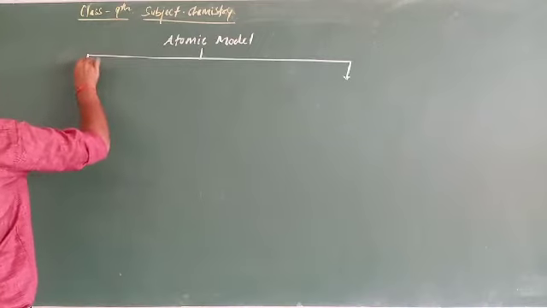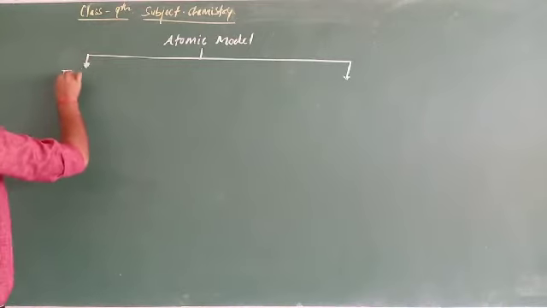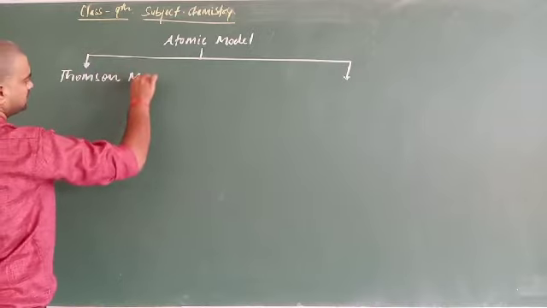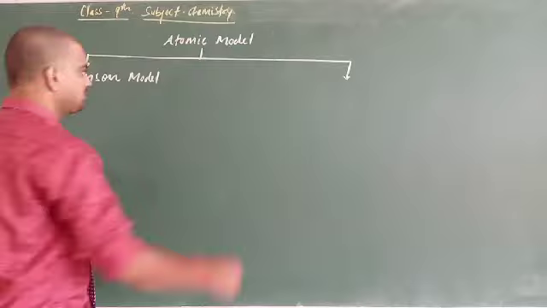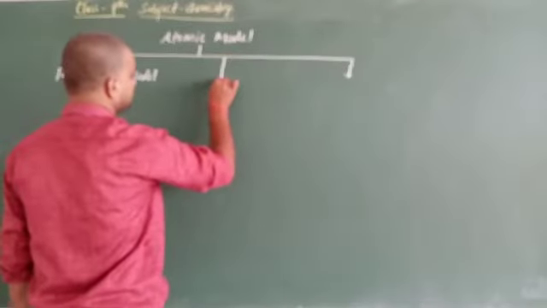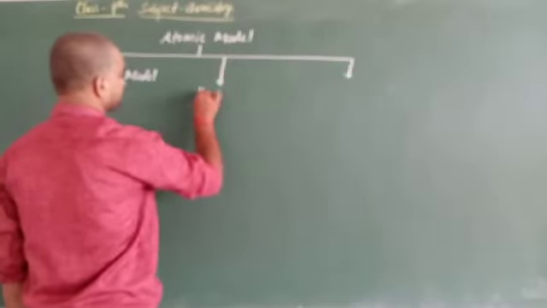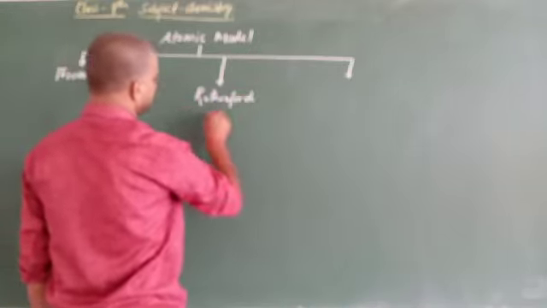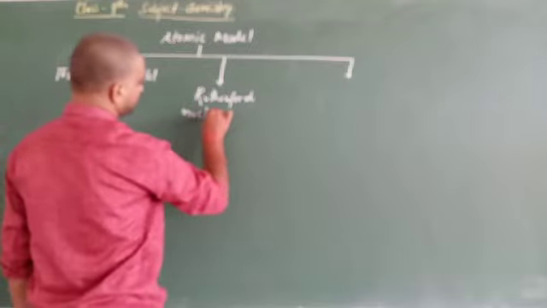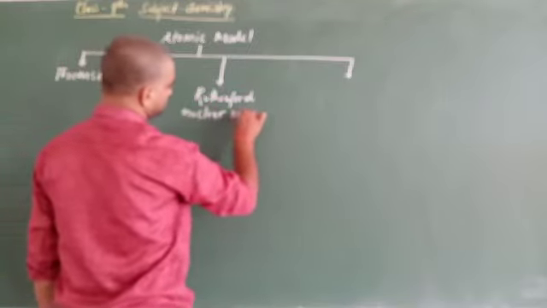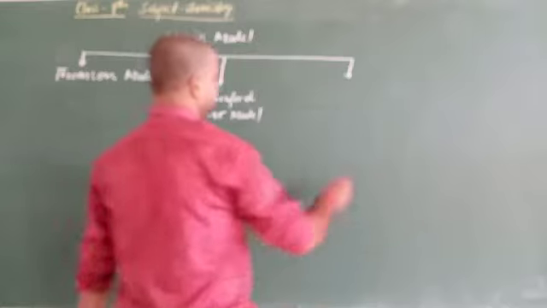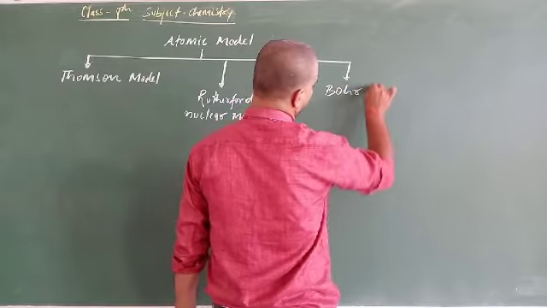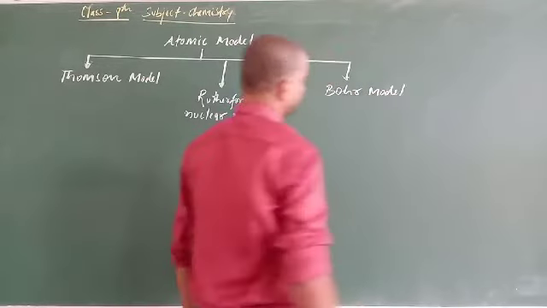The first is the Thomson model. The second one is the Rutherford nuclear model, and the last one is the Bohr model.